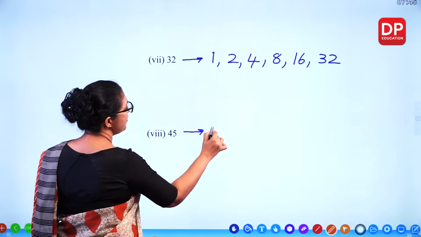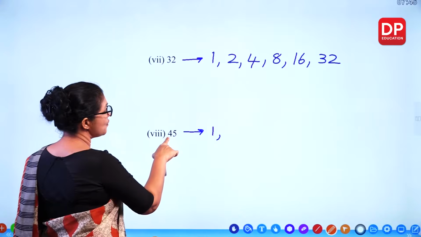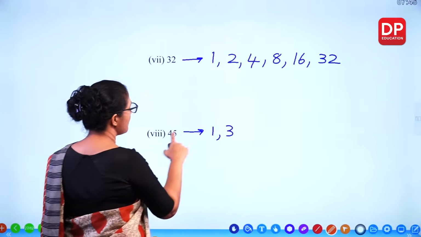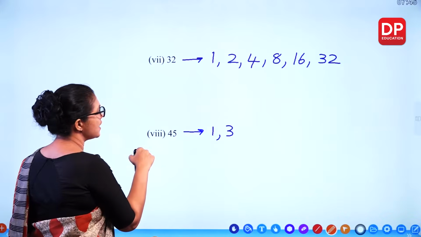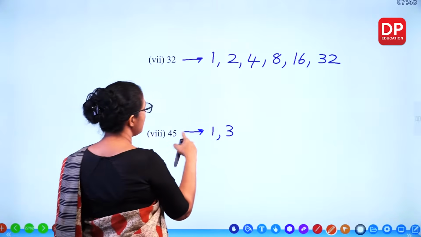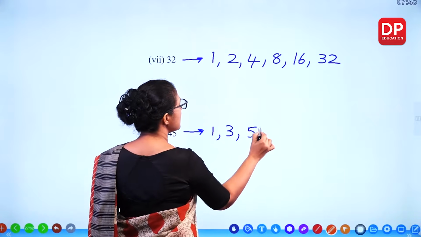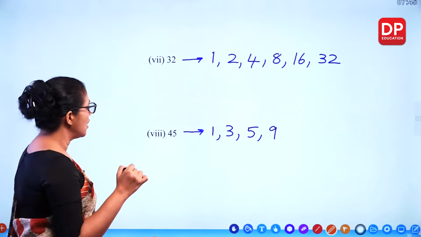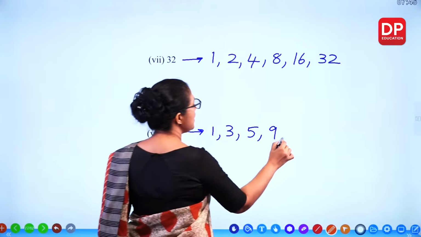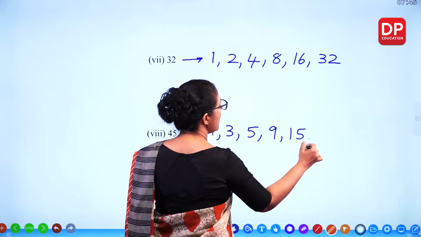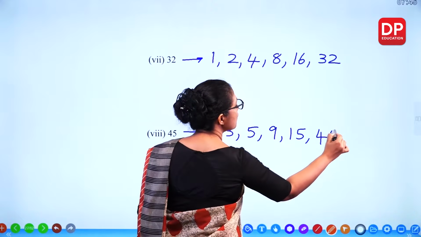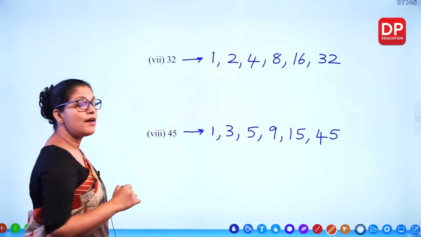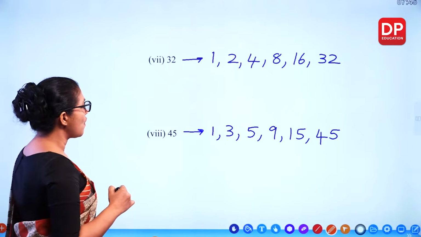You get 1. This is divisible by 3. 3 times 15. Then 5 times 9. 45. So 3 times 15 and then 1 times 45. So those are the factors of 45.